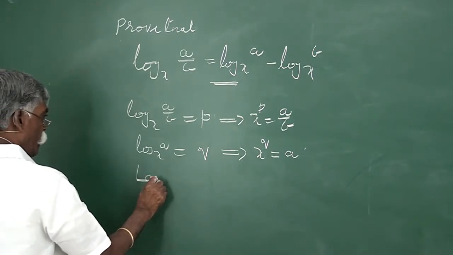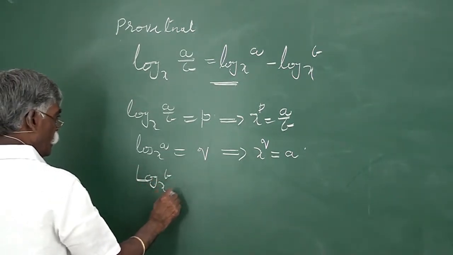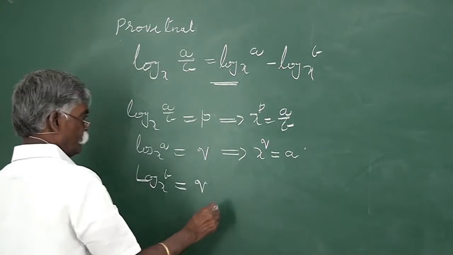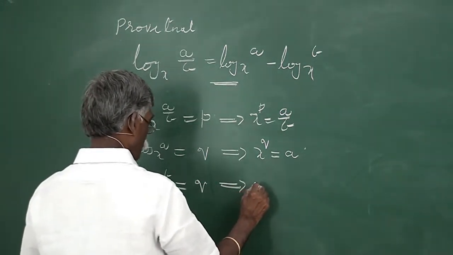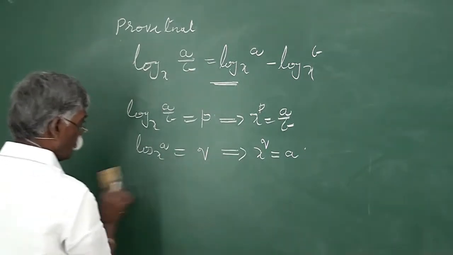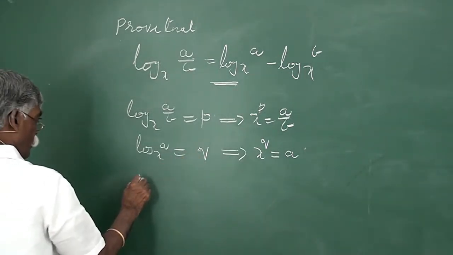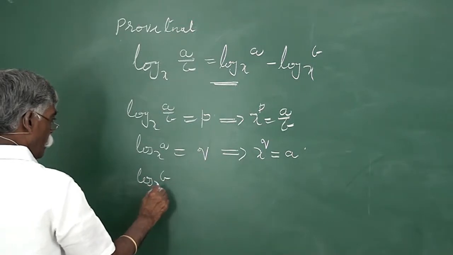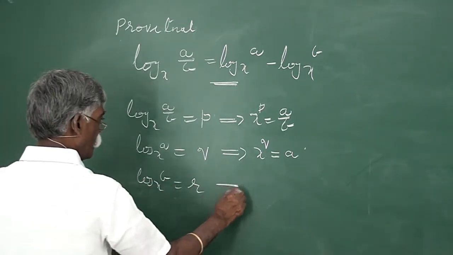And the next one, log B base x, let us take as equal to R, because Q we have already taken.